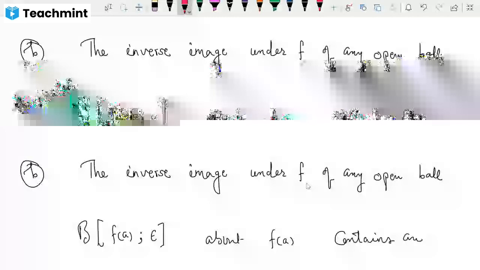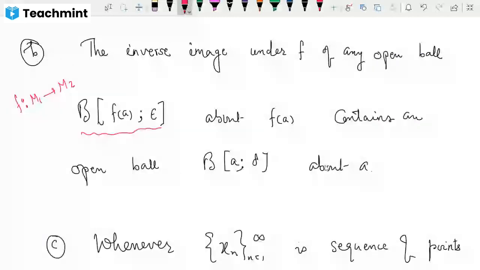Its inverse image will be in M1, and a is an element of M1. If you draw an open ball about a with radius delta, then the inverse image of this open sphere contains this open sphere. So that is the second condition: the inverse image under f of any open ball about f(a) with radius epsilon contains an open ball with radius delta about a.